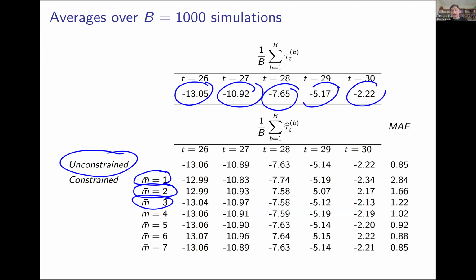Not very surprisingly, in terms of mean absolute error, the more units that we can use, the better we do. But it's still doing quite well with a very limited number of treated units.